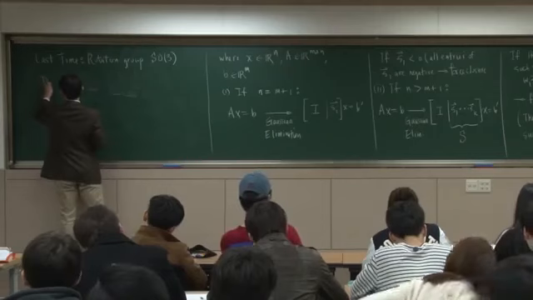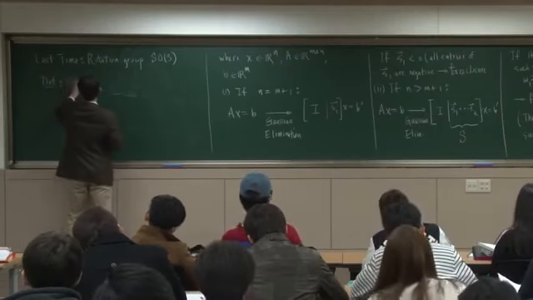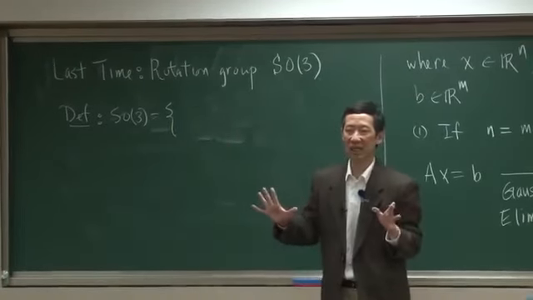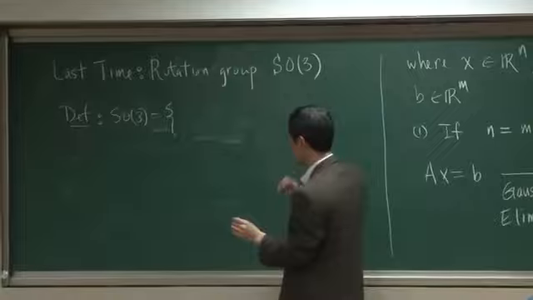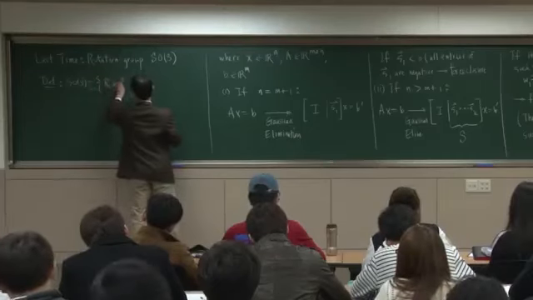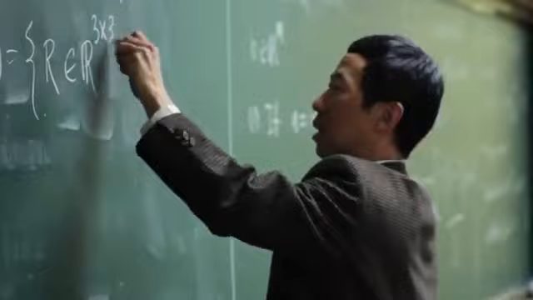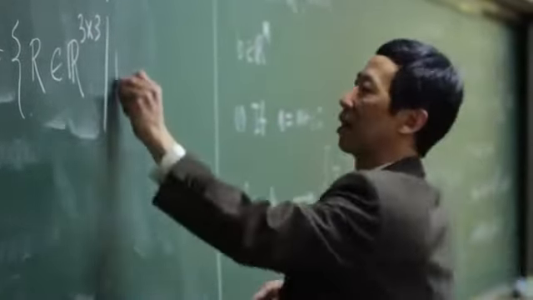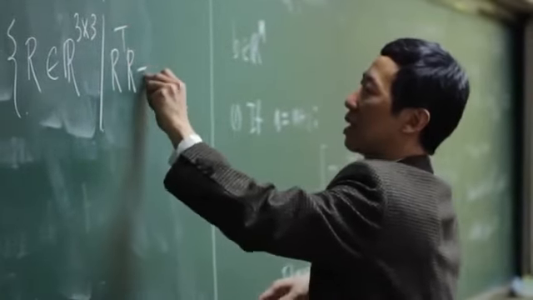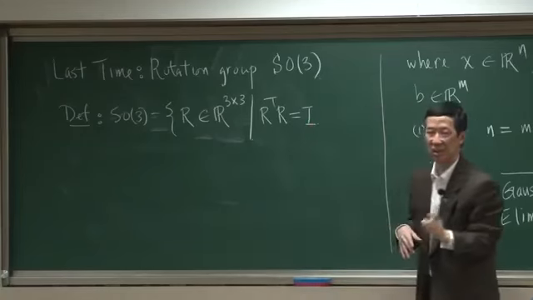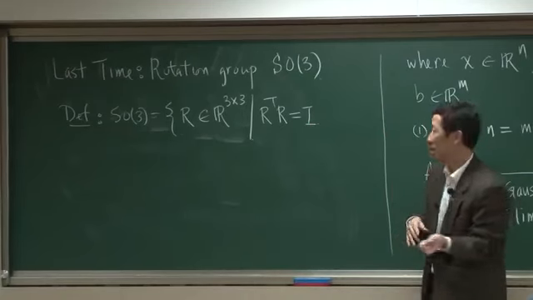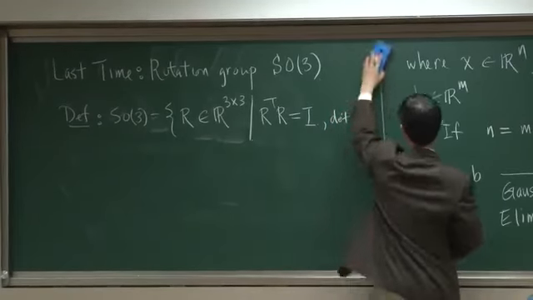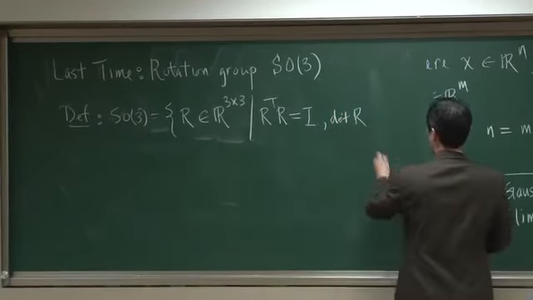The definition was the set of all 3 by 3 real matrices that satisfy 2 conditions. Among the set of all 3 by 3 real matrices, R has to satisfy R transpose R is the identity, first condition. And second condition, the determinant of R should equal +1.